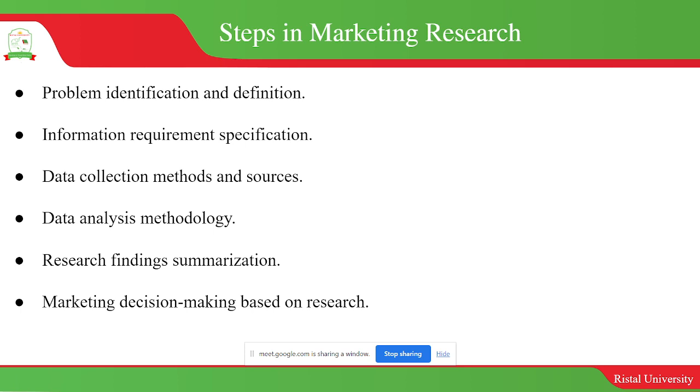The processes are basically the same. So you need to understand the problem that you really want to address. Do you want to know what the market landscape is like? Or do you want to identify the gaps within the market? So what is it that you really want to find out? That is the problem identification.